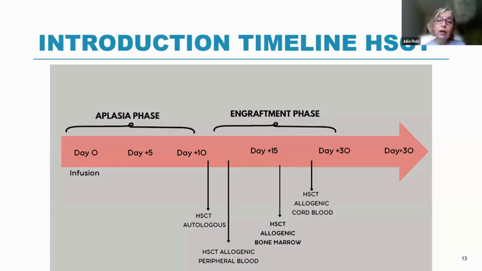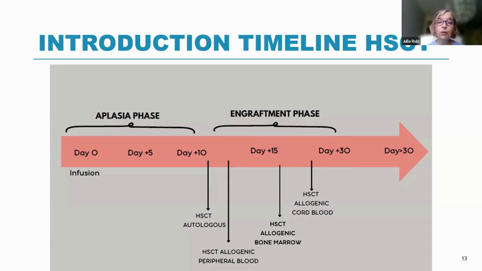After day +10, we are going to find the engraftment phase. This engraftment phase is going to be different depending on the type of transplant. We will have an earlier engraftment with an autologous transplant, and a later engraftment with an allogeneic transplant. We are also going to find differences when we use different sources for the transplant.